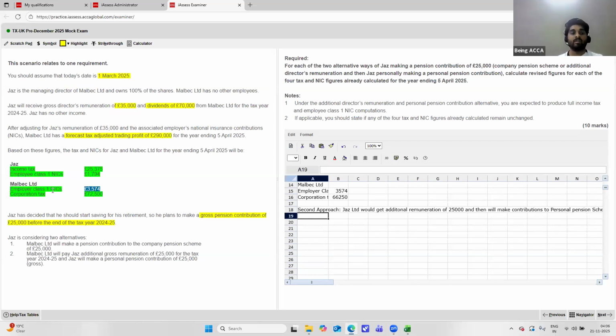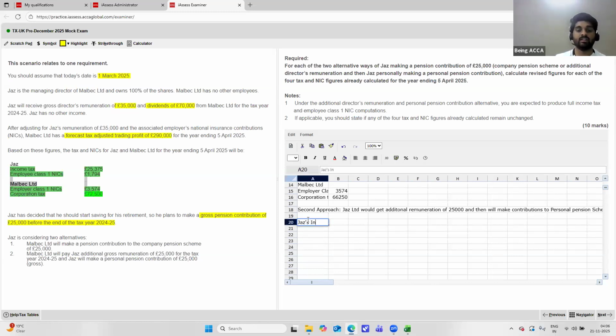Next, because the employer class 1 NIC changes, and because the income also reduces, the tax adjusted trading profit also reduces from 290,000 by 25,000, so the corporation tax will also be affected. So if personal pension contributions are made by increasing the remuneration, all the 4 values are being affected. So now we will be calculating all the 4 values.